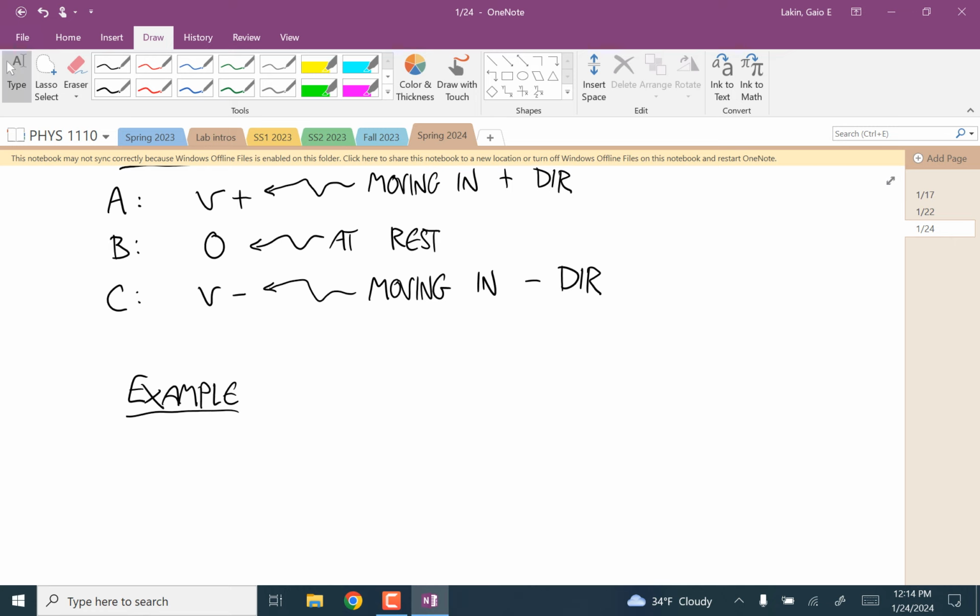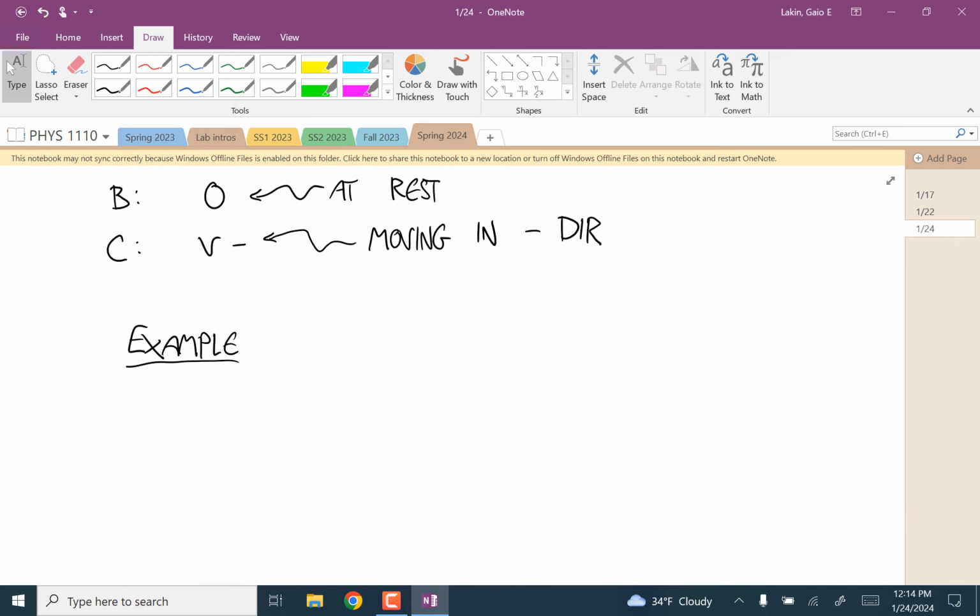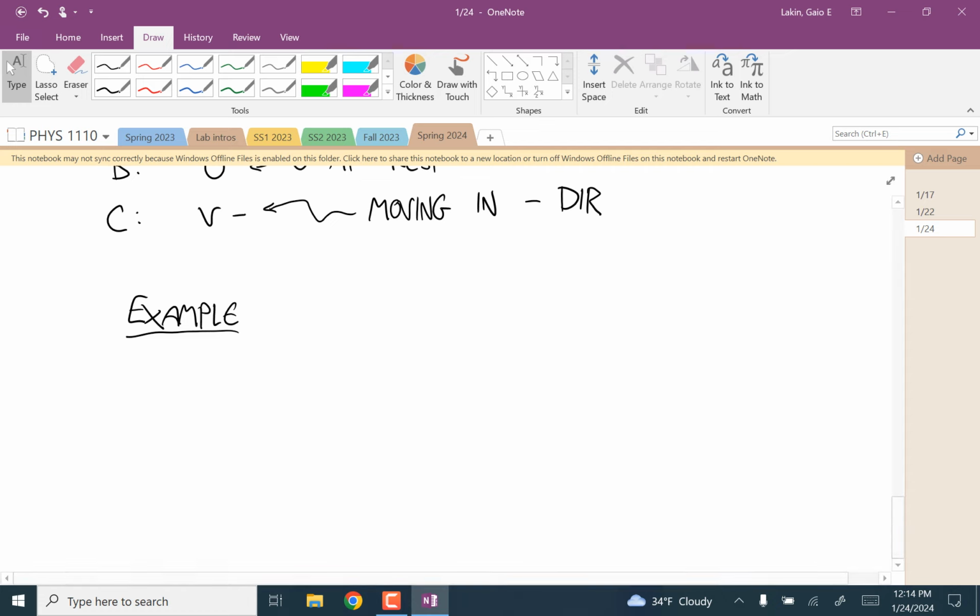Okay, so now let's combine both of these two things. So let's say we have a position versus time graph like this. Make that a little curvier. Okay. And the instant that we're going to analyze is just right there.